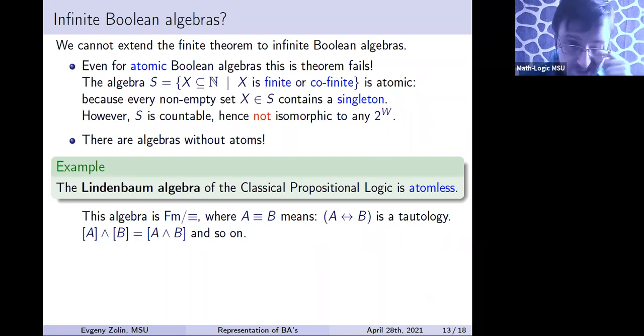So we already have infinitely many and hence countably many equivalence classes. So this is a countable Boolean algebra.